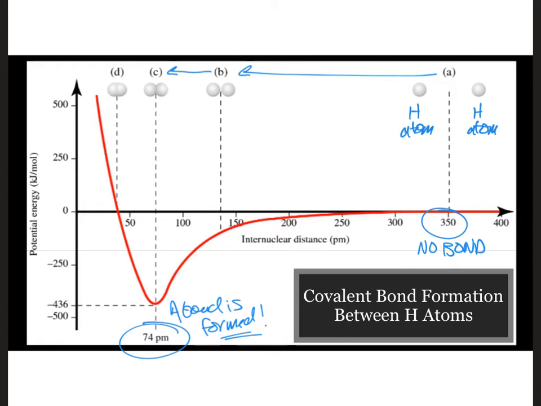If the two atoms got any closer, as in position D, the potential energy would increase due to repulsion of the positive nuclei coming too close to one another. The overlapping orbitals of the hydrogen atoms are each half-filled, initially with independent spins.